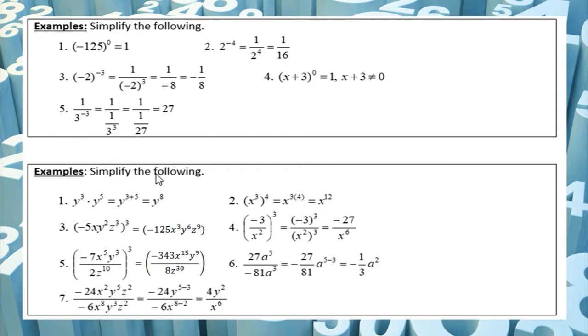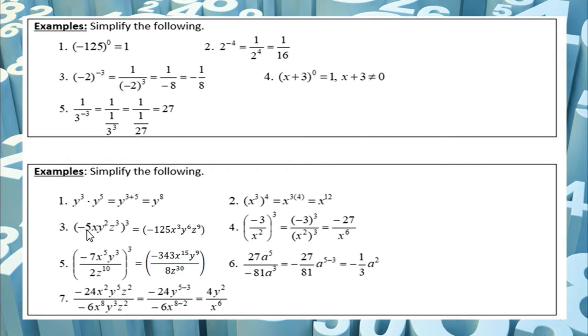Number 3. So, we have here quantity, negative 5x y squared z cubed to the power of 3. So, since they are inside the parenthesis, we cube everything. So, each coefficient, we cube it.